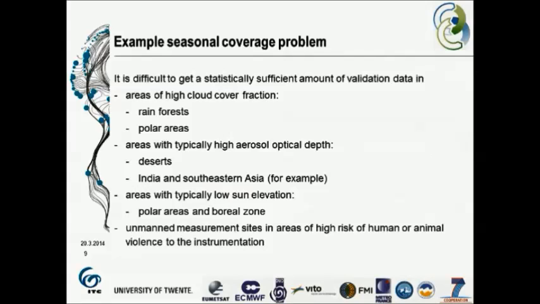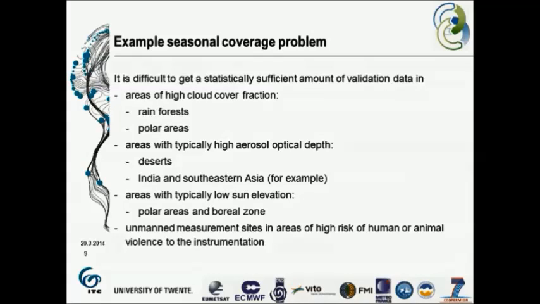These kind of places are deserts, and then in general India and Southeastern Asia, for example. And then areas with typically low sun elevation are really problematic because the instrumental accuracy goes down for the in-situ measurements with increase in sun zenith angle, and also the atmospheric correction of the satellite products becomes more challenging the lower the sun goes.